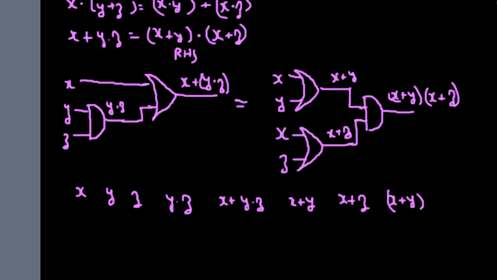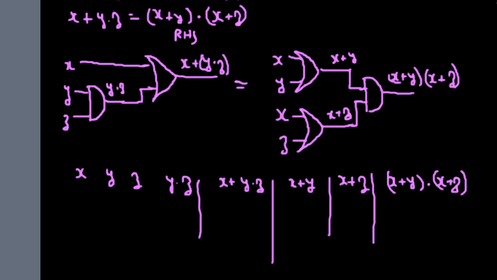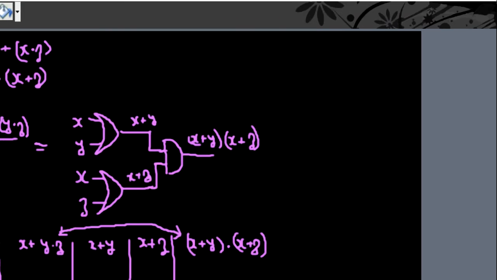So these are the columns that you would need in your truth table. And finally these two columns, this one right over here should be same as the last column. Okay, so you can try this by yourself. It's quite simple.